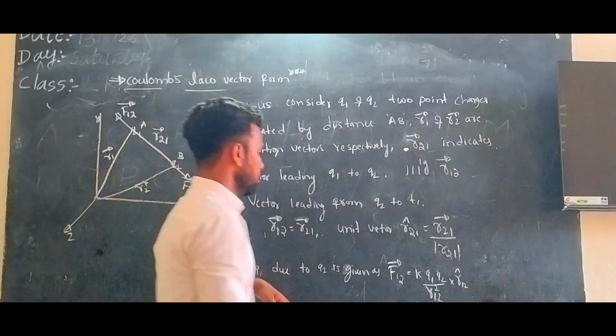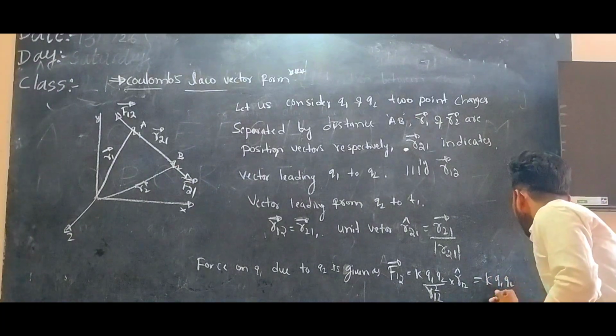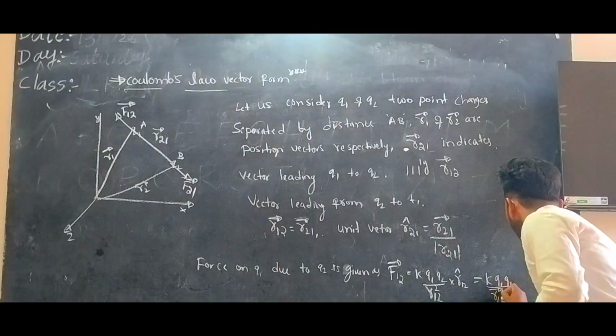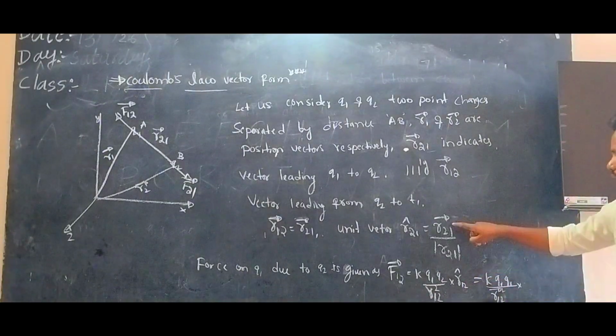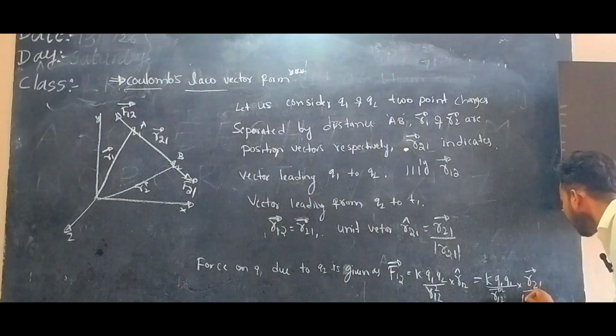This is the vector form. In simple form, K into Q1 into Q2 divided by R12 square into R21 divided by the magnitude of R21.